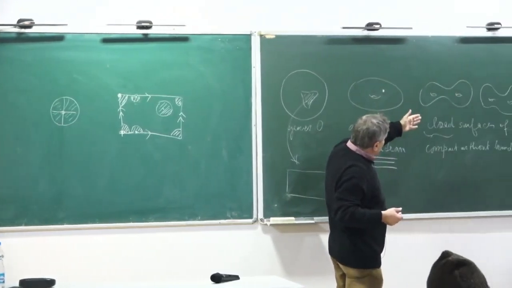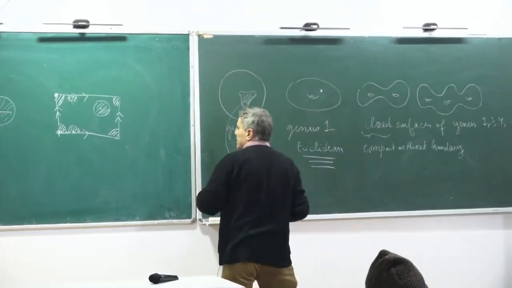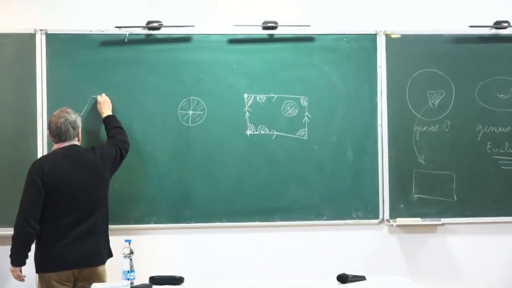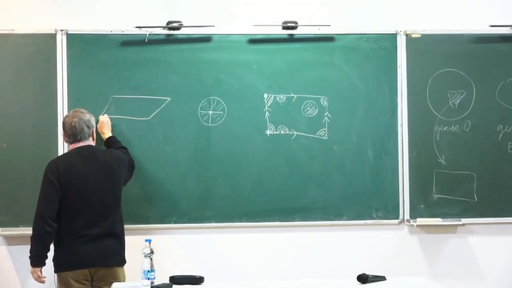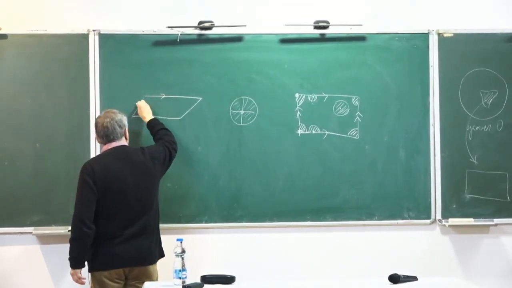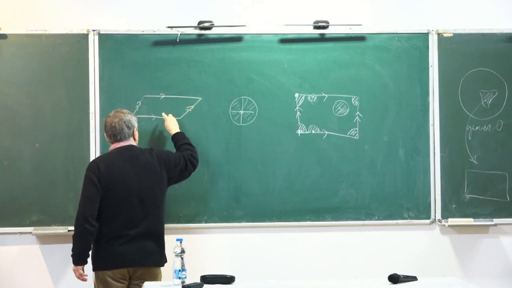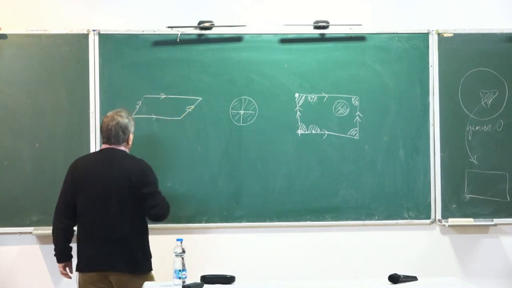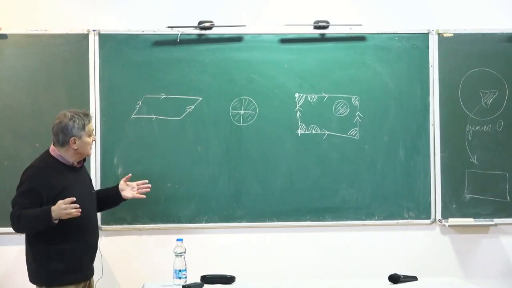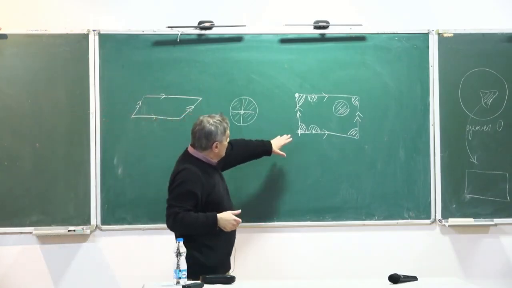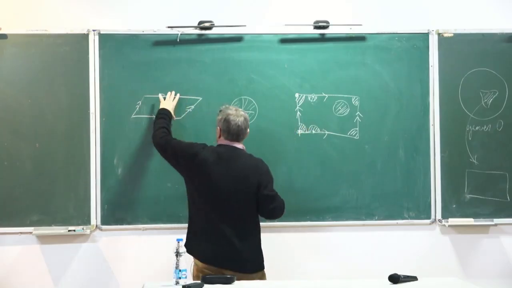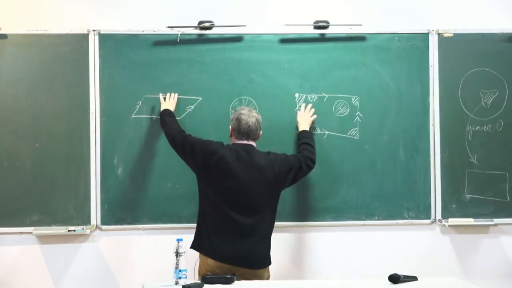Now, let me make a remark. My other easy remark is that we also said that when I identify the sides of a parallelogram like this, then I obtain also a Euclidean surface, which in general is not isometric to this one. There's no distance preserving map from this surface to this surface.